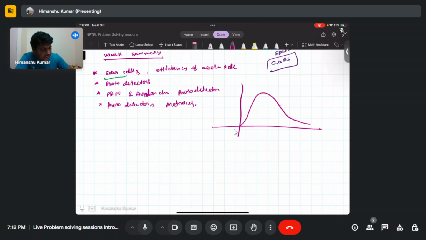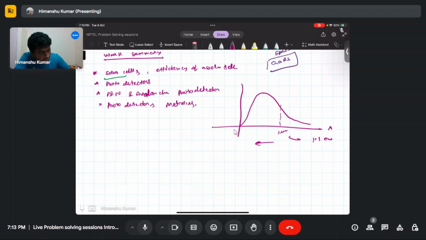This is around 1 micron wavelength, which is the band gap of silicon, around 1.1 electron volt. With a silicon solar cell, only photons below this wavelength generate carriers; above it they will not, because their energy is less than the band gap.